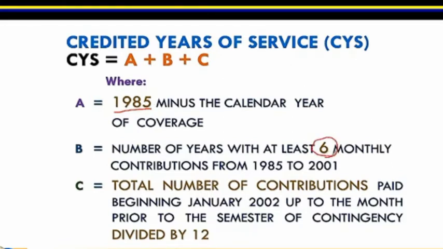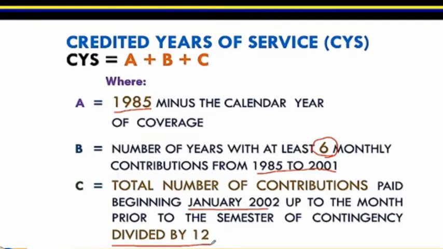This is also constant from 1985 to 2001. And letter C, total number of contributions paid beginning January 2002 up to the month prior to the semester of contingency divided by the constant 12. So these are constants as well.